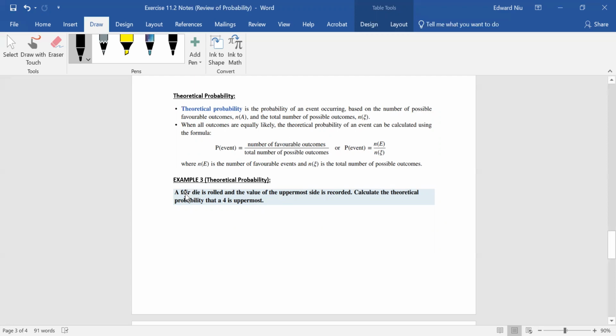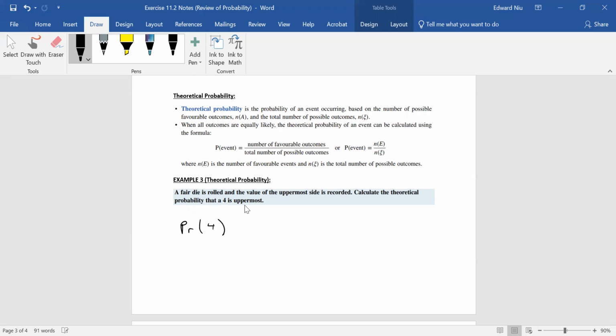Okay, so here a fair die is rolled and the value of the uppermost side is recorded. Calculate the theoretical probability that a 4 is the uppermost. How we write this is P(event), or P(R) in some textbooks.